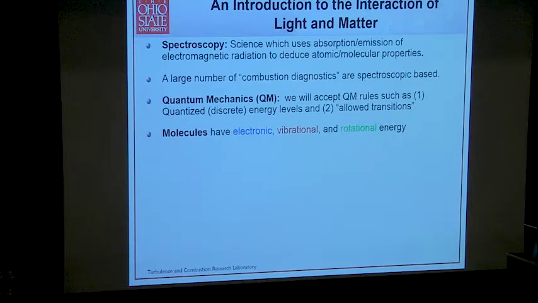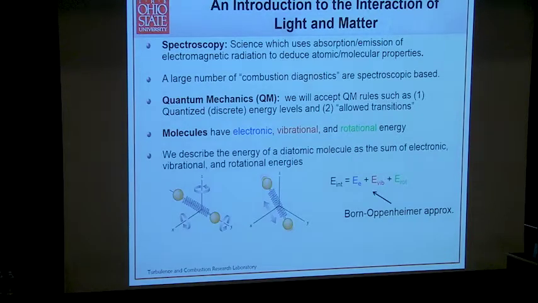We know that molecules have electronic, vibrational, and rotational energy, okay? And we will also accept the Born-Oppenheimer approximation as the total internal energy is the sum of the electronic, vibrational, and rotational energies, okay?